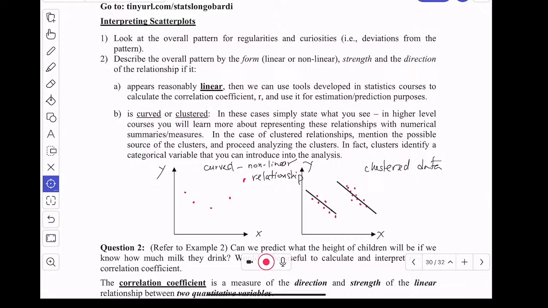So I gave the example here as X being the number of hours watching soap operas or novelas, and I made Y the general sense of well-being. And it looks like the more hours of soap opera somebody watches, the lower their general sense of well-being. So as X increases, Y decreases.